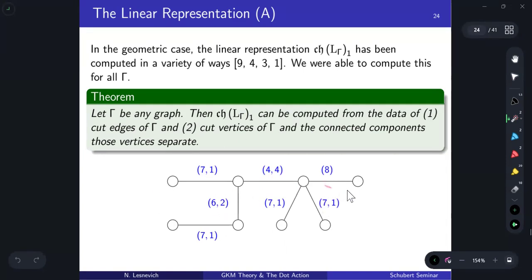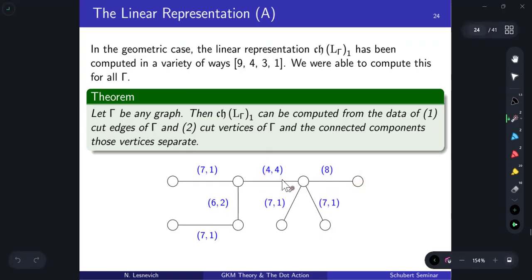I need one special one, a leaf, if you will, that gets all 8. And the graded character is the character summed up for all of these edges of the action on cosets of subgroups of this type, right?